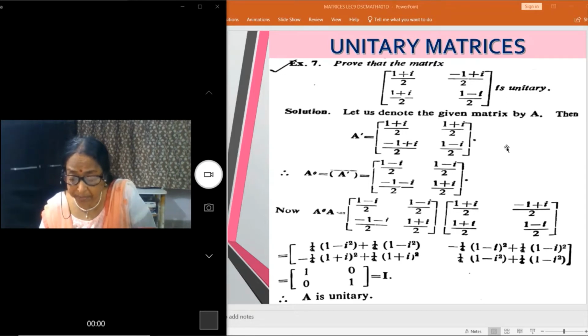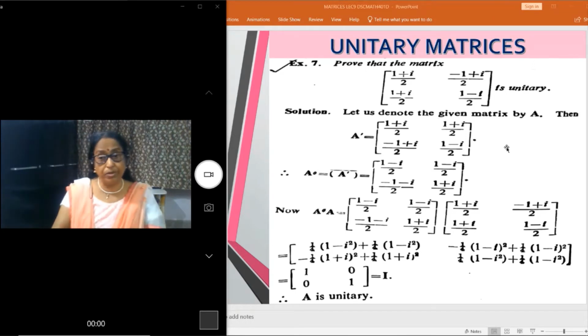So here you can see on your screen, I have first taken the A transpose, and A transpose means converting rows into columns. We get the matrix A dash. Now A theta means A dash bar.